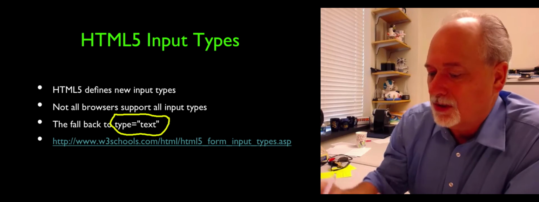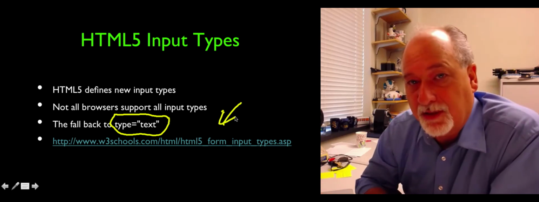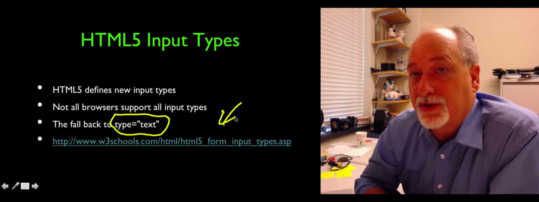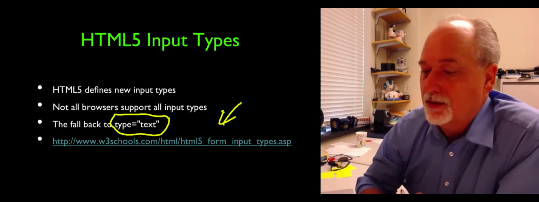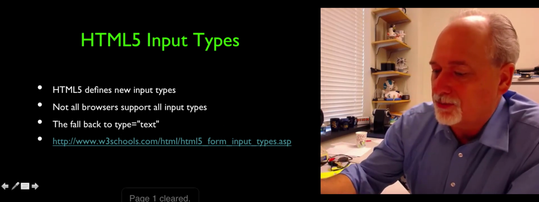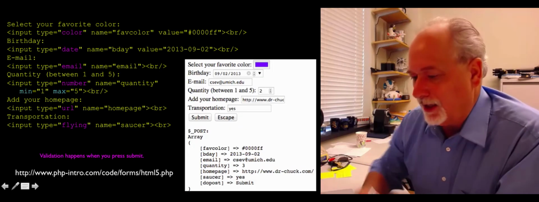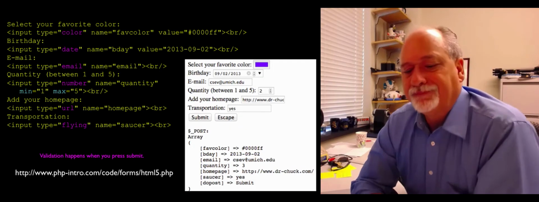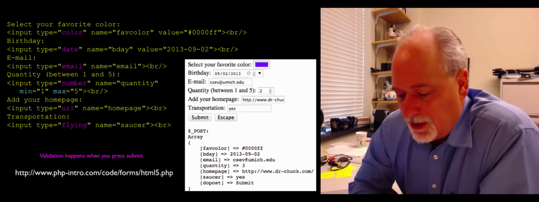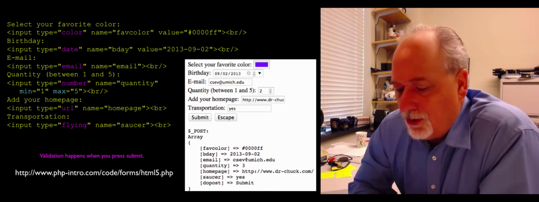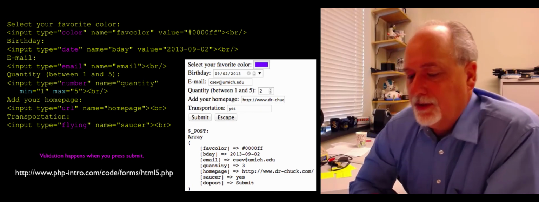So that's pretty cool. Now, there are various pages and websites that can tell you what browsers have what support, but that's a moving target, and it's going to get better over time. So there's no point in writing down which browser does which thing. But here's a real quick page that shows all these things.